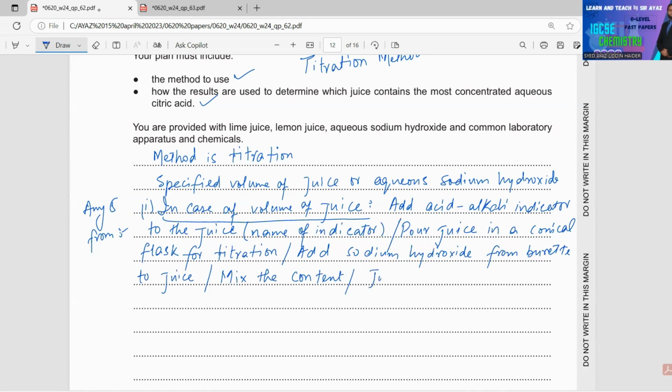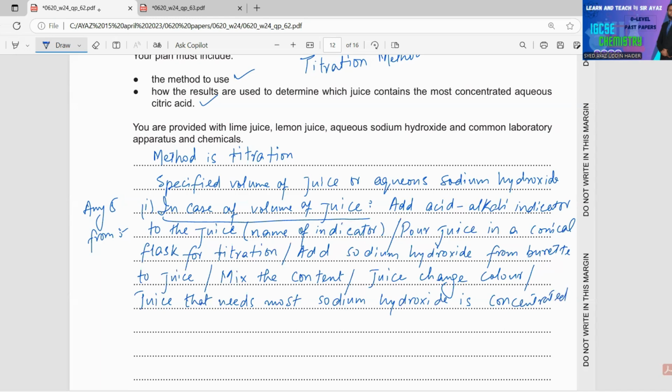Juice changes color. Now, the juice that needs the most sodium hydroxide is concentrated.